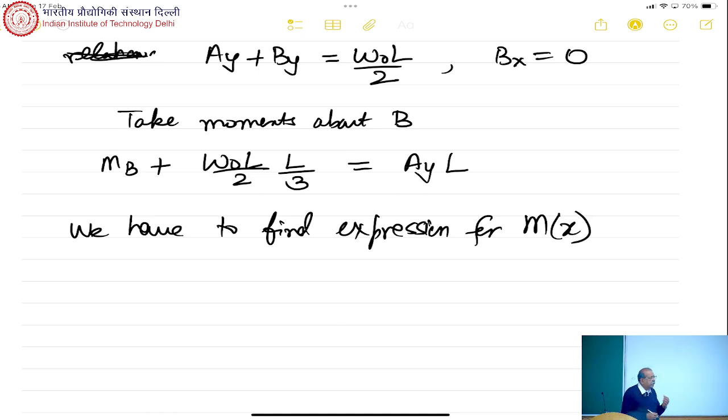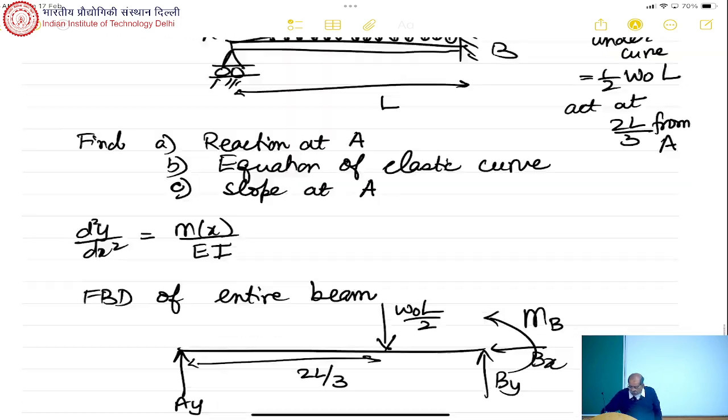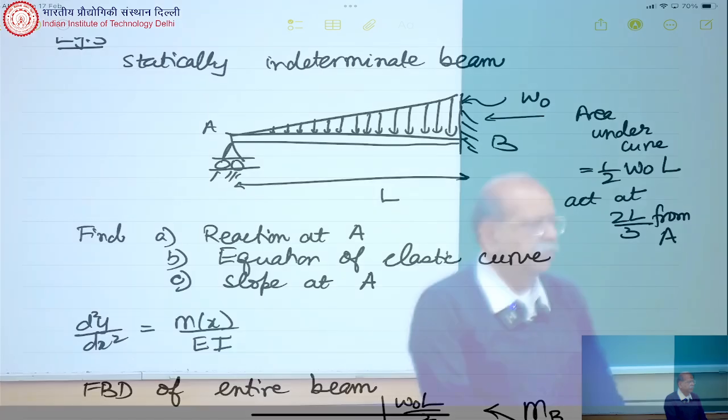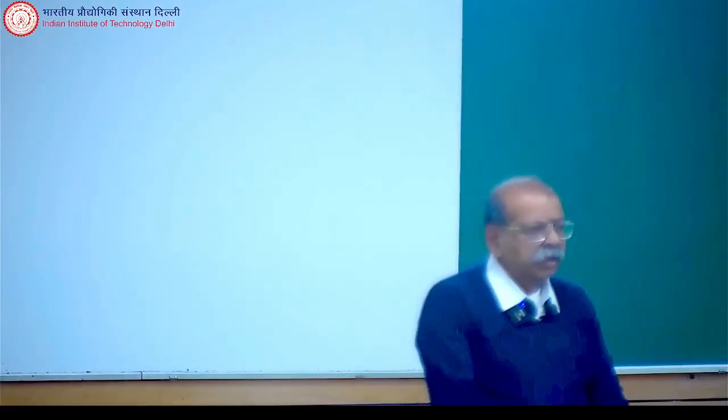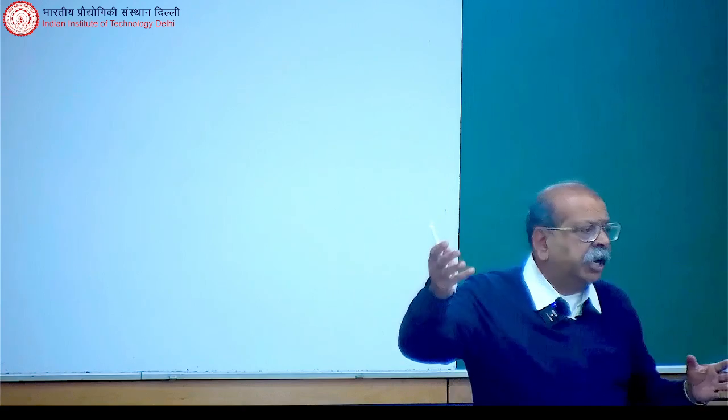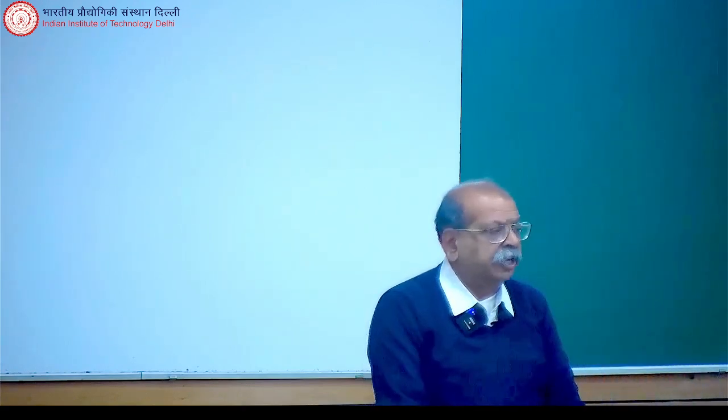Now we have to find the expression for M of x. Looking at this beam, will there be two deflections, y1 and y2, or only one y of x? Just as we saw in the first problem we solved, there was a point force, so there was y1 and y2. Now here, will it be the same shape or two different shapes?